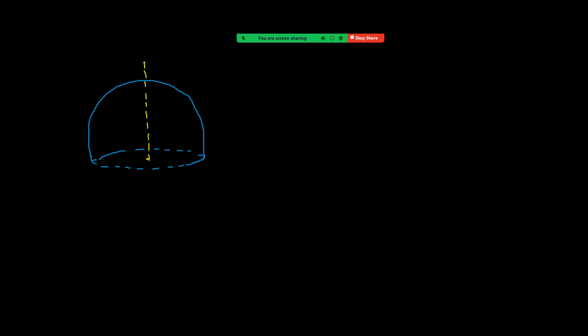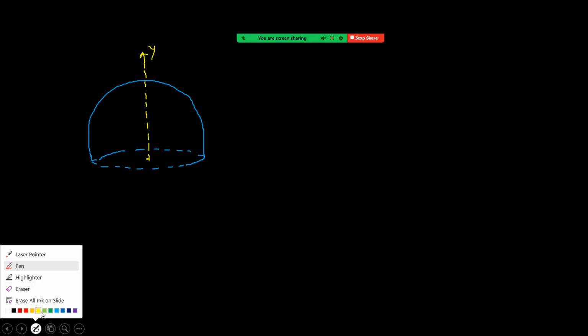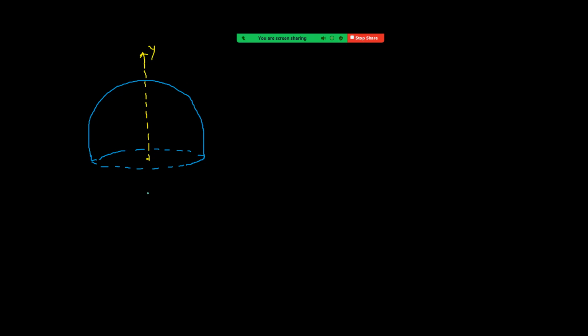Let us call this the y-axis. Okay. Now the center of mass will be on this line of symmetry. So first we have to focus on how to consider elements. If you observe, if you cut it into slices like this, parallel to the base, we get rings, right? So it is a combination of rings.